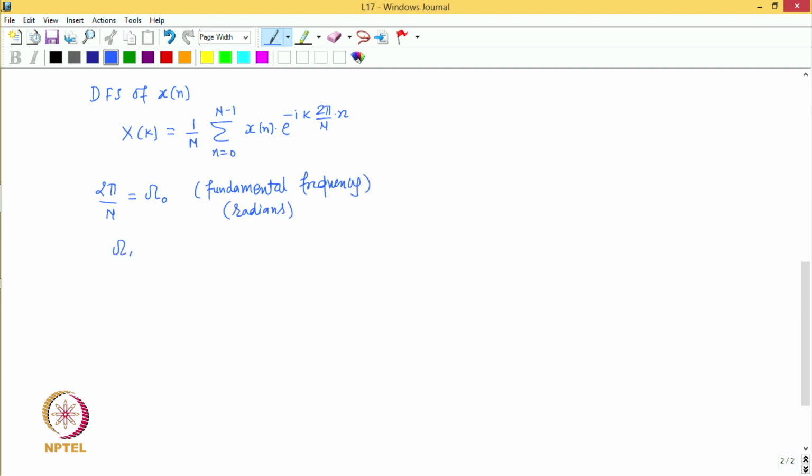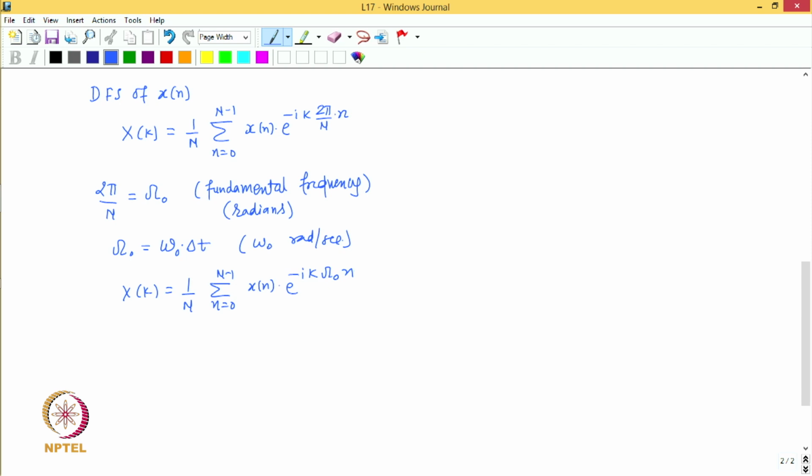This uppercase omega naught is related to the frequency in radians per second by this relationship, where lowercase omega naught is the fundamental frequency in radians per second. Therefore, we can now write X[k] as 1 upon N, sum over n equals 0 to N minus 1, x[n] e to the power minus j k uppercase omega naught n.